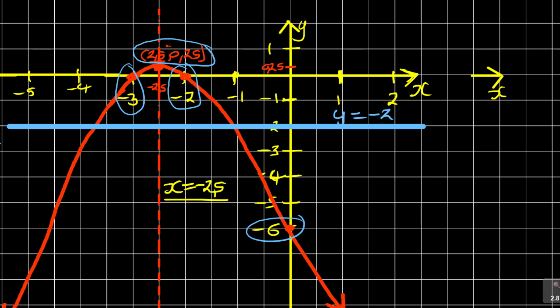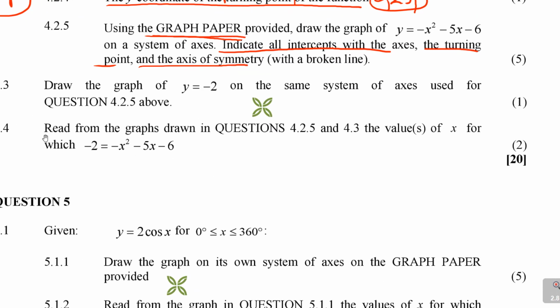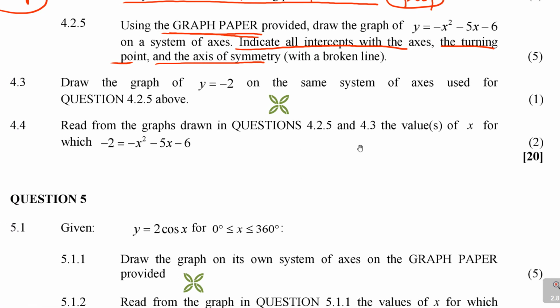Then they say 2 marks: read from the graphs drawn in the question the value, if you think it's 1, that's where they trick you. They're saying if you think there is one value, give us that one value. But if you think there is more than one, feel free, give us those two.